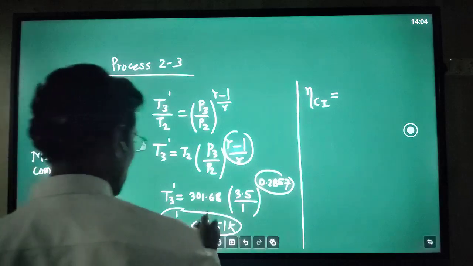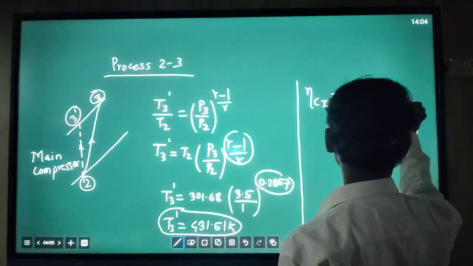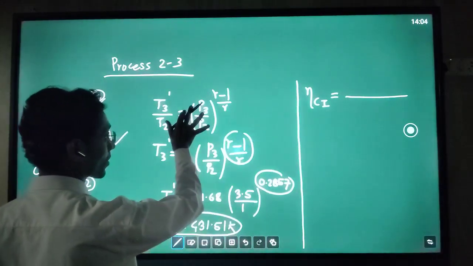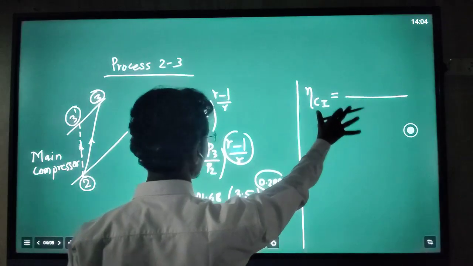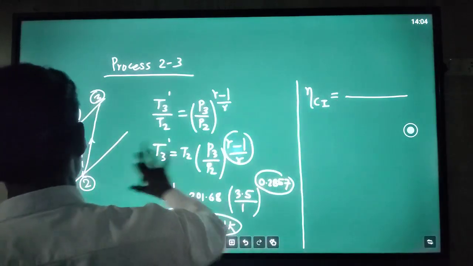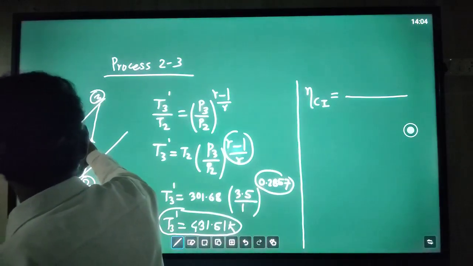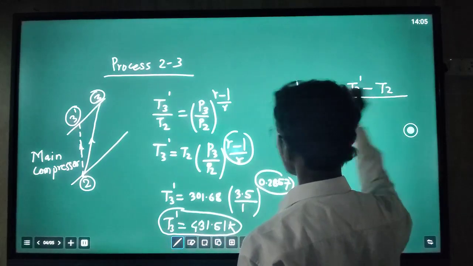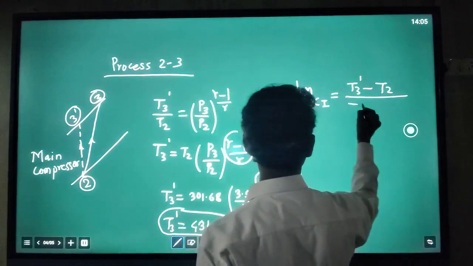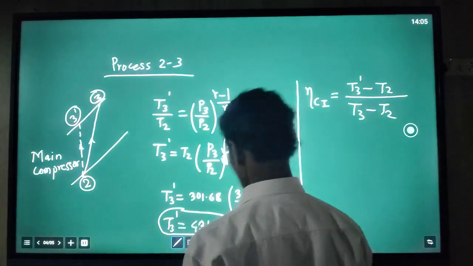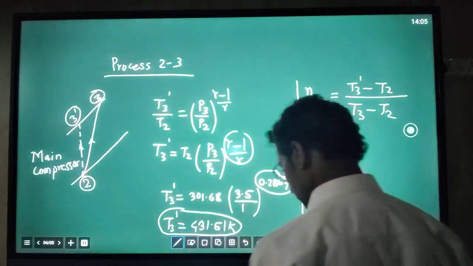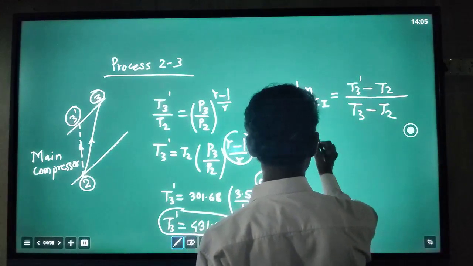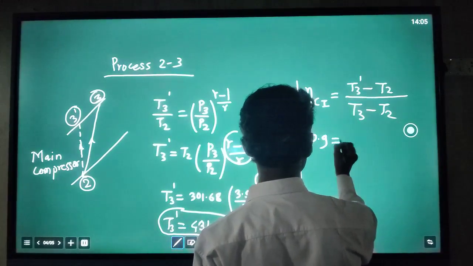Now this T3 dash we can use to find the value of T3. Here are two formulas: one is the temperature relation and another is the compressor efficiency formula. So what is the compressor efficiency formula? The temperature rise for the ideal process, T3 dash minus T2, divided by the temperature rise for the actual process. As the compressor efficiency is given as 90% for both compressors, we take 0.9.